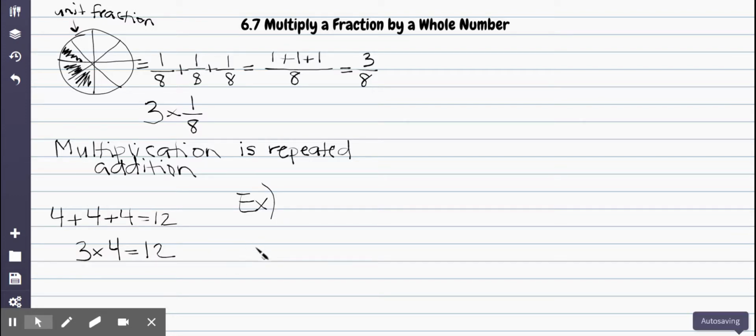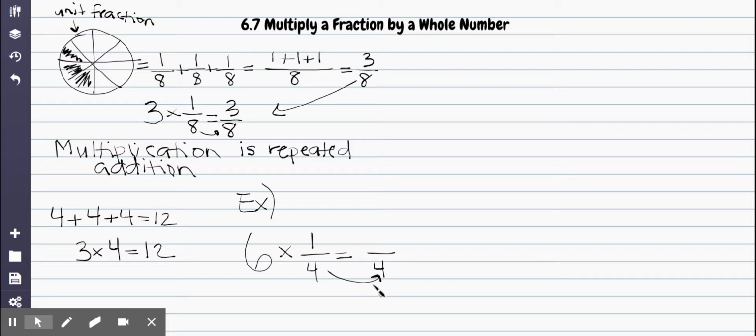Okay, when we are multiplying a whole number times a fraction, we can kind of think of how this pattern is looking, right? 3 times 1/8 is 3/8. Okay, so if I'm just looking at the pattern that's here, I can see that nothing has changed from this fraction to my final answer.